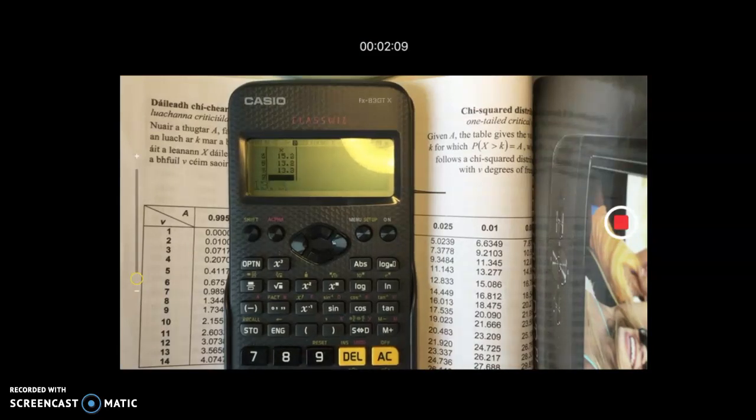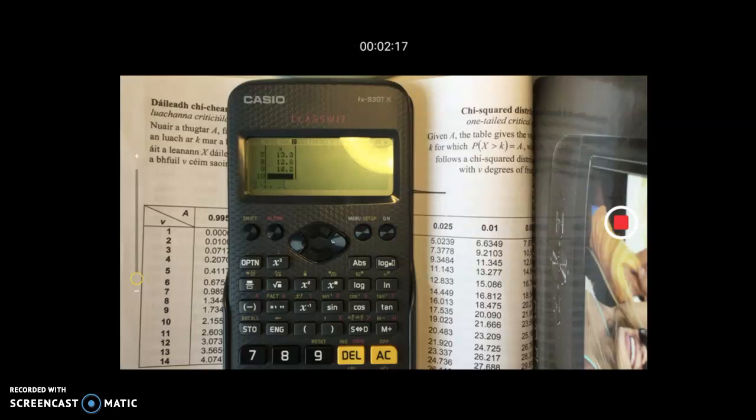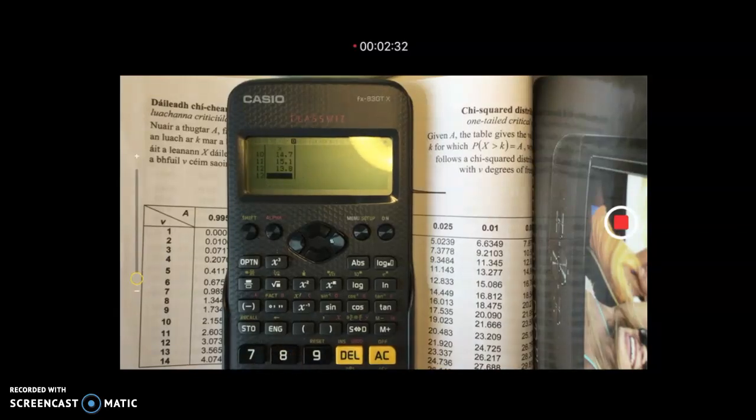Now if you've done this for part 1 you wouldn't have to do it all over again, but I'm just doing it, I want to do a better video. 12.6, 14.2, 14.7, 15.1, 13.8 is the 12th value, and the final value 12.9. So that's all the values entered into the calculator.